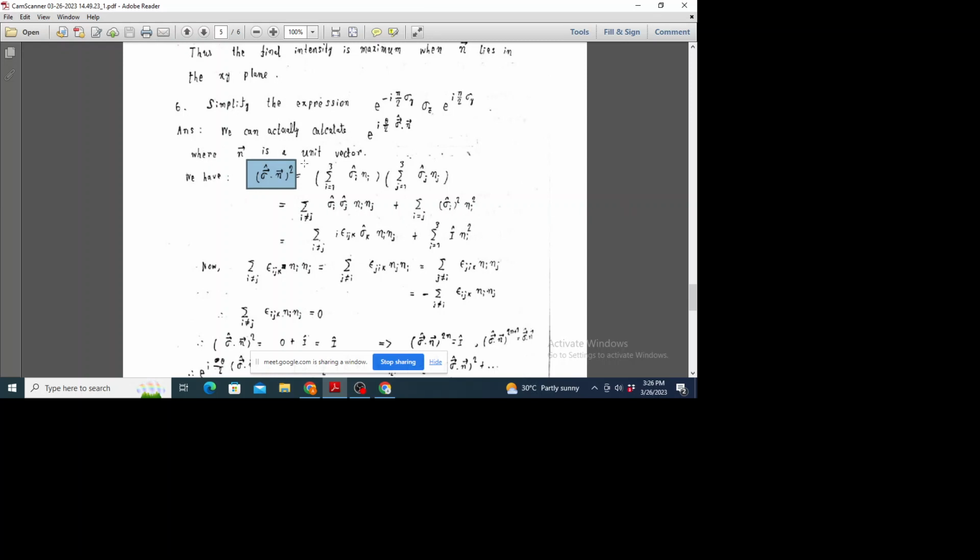So let us begin with the square of this operator. Sigma dot n is nothing but a vector dot product, where instead of scalar components you have operator components in one of the vectors. The ni are just numbers, the components of a vector, and sigma i are the Pauli matrices, which are operators.